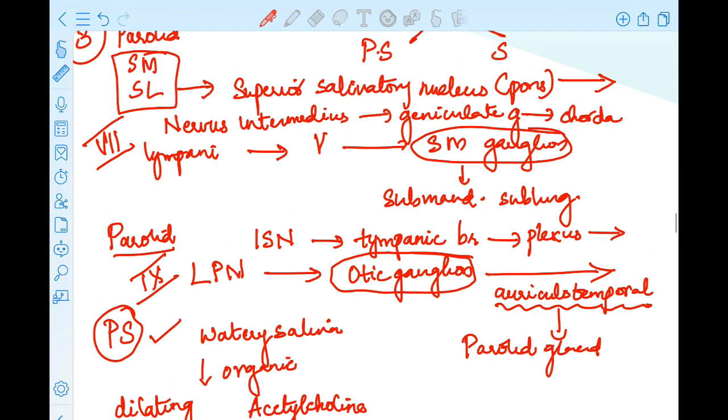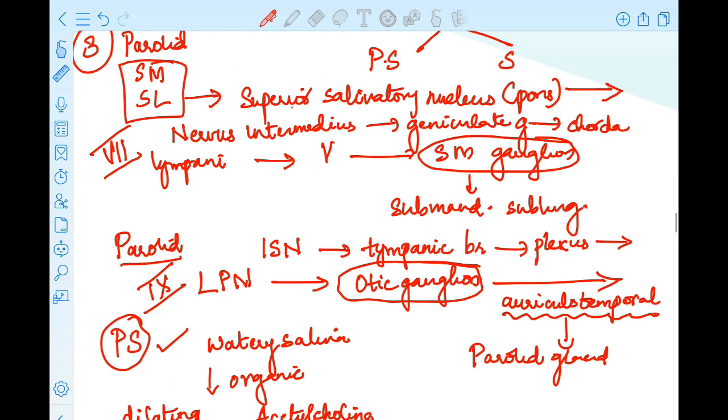Fine. And then just continuing with the submandibular and sublingual: the superior salivatory nucleus, then the nervus intermedius, the geniculate ganglion, then the chorda tympani, and then it reaches the lingual branch of the trigeminal nerve, that is the fifth nerve, and then the submandibular ganglion.